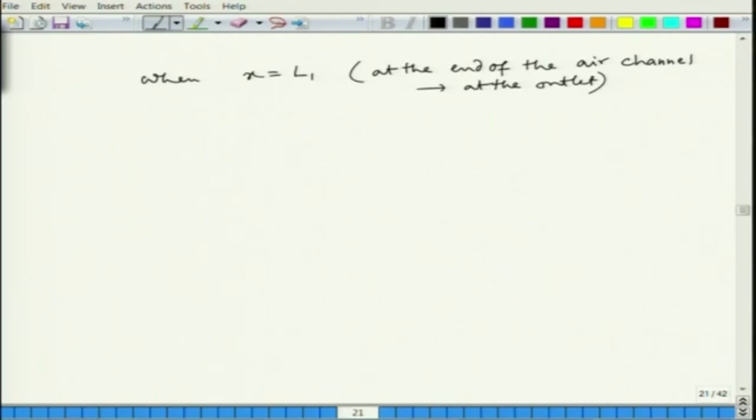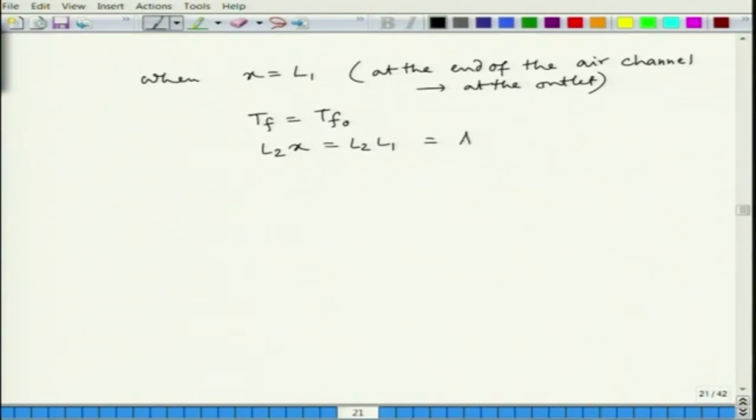Okay. So, TF will be TF naught, right, that will be the outlet fluid temperature. And this L2 into x will be equal to L2 into L1, and what is L2 into L1? L1 is the length along the flow, and L2 is the length across the flow. So, L2 into L1 will be the total area of the collector, right, AC.